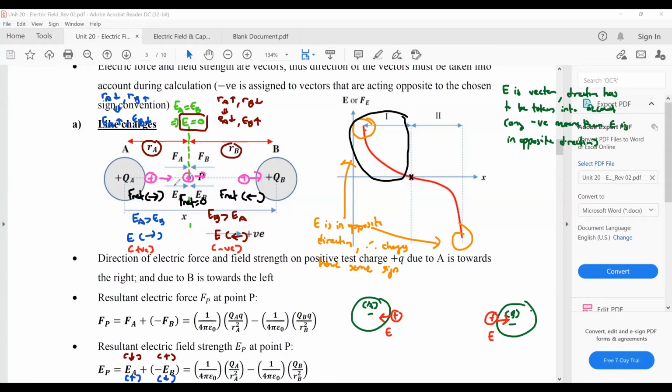It's still positive throughout. That means the direction of the net force did not change, but you notice that the magnitude is progressively decreasing.